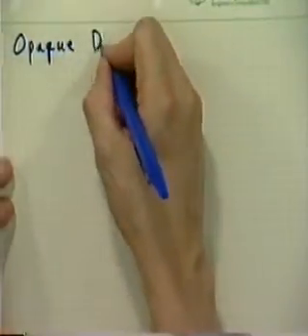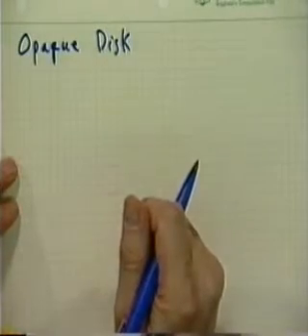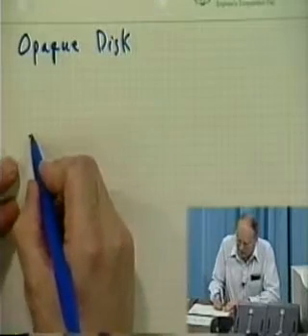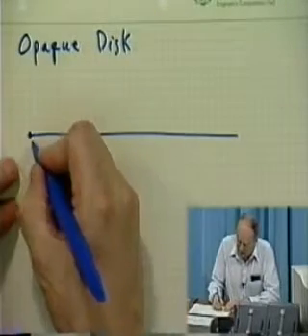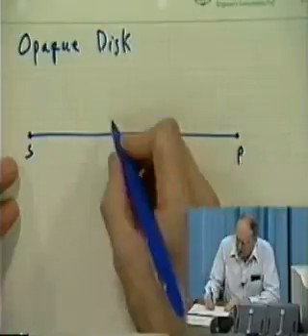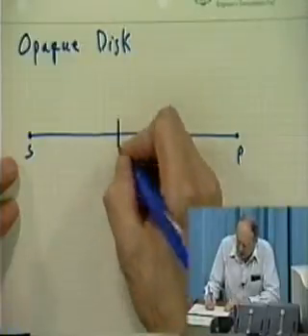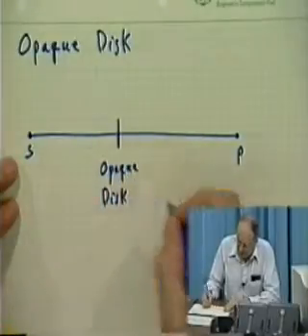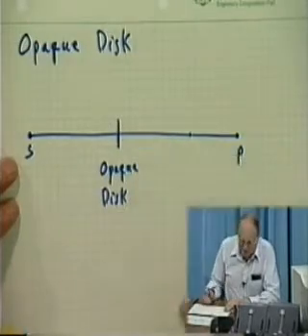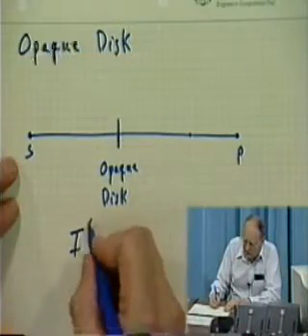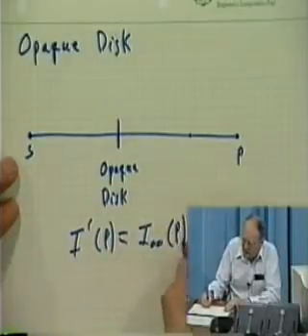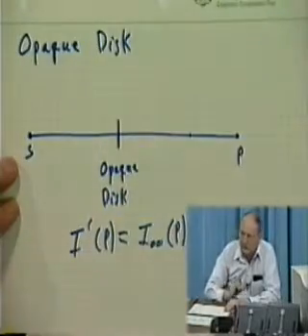Remember the opaque disk? And we went through using Babinet's principle, and we found out that we have source here, observation point here, obstacle right there, and we looked right on axis, and we found that right on axis the irradiance was equal to what the irradiance would be on axis if we took the opaque disk away.